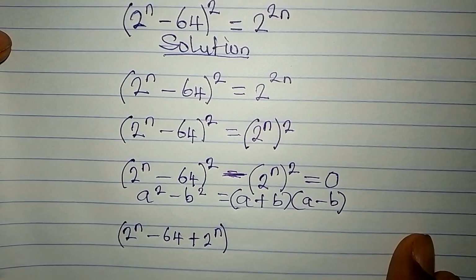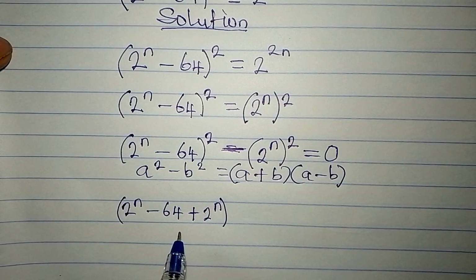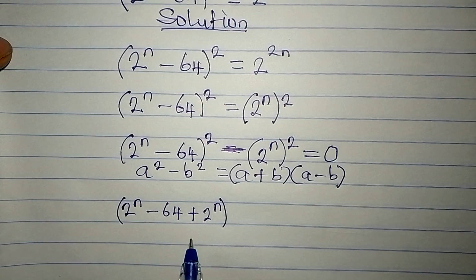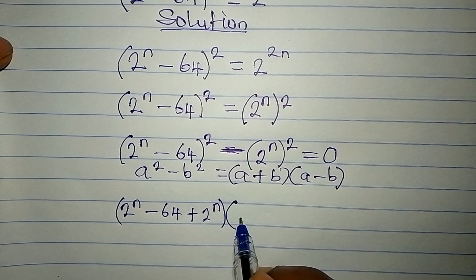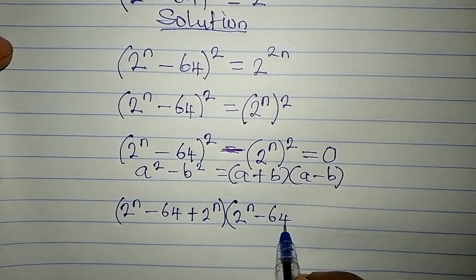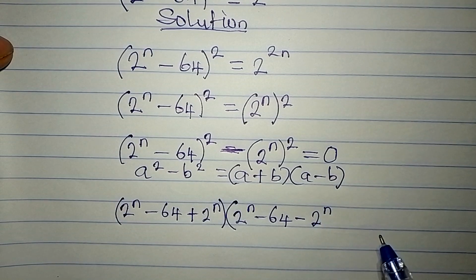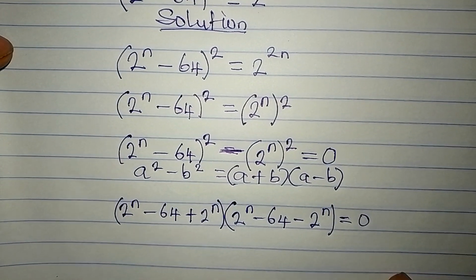By the way, if you still understand to this extent, then it means I'm doing well, right? So give me a thumbs up. Then in the second bracket we have 2^n - 64, then minus 2^n, and this is equal to 0.